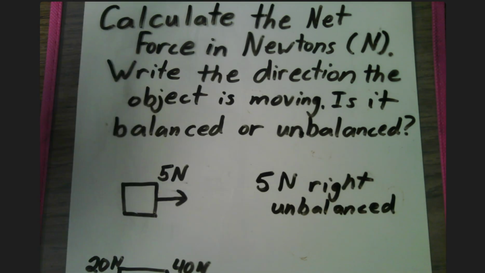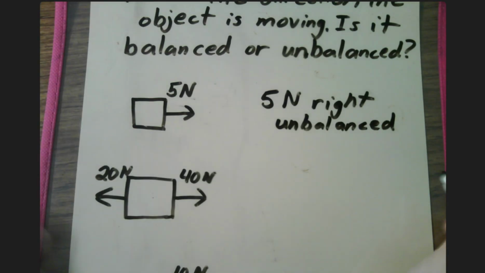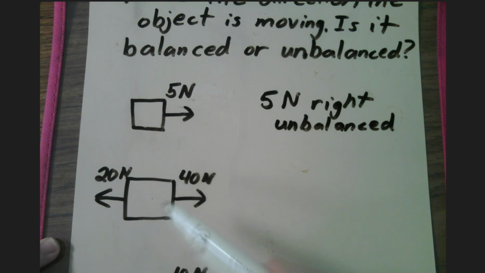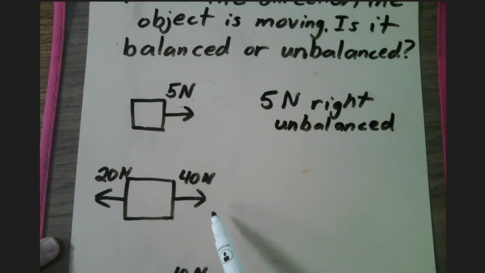Let's look at this next one. Now we have another block. The force is being pushed 20 newtons this way and 40 newtons this way. Well, now let's see. Those forces are going the opposite way.